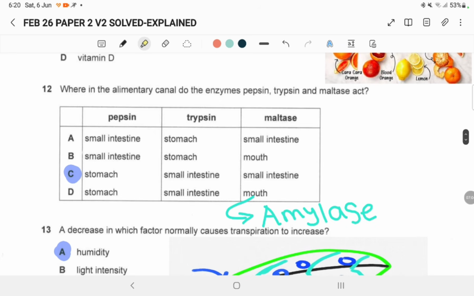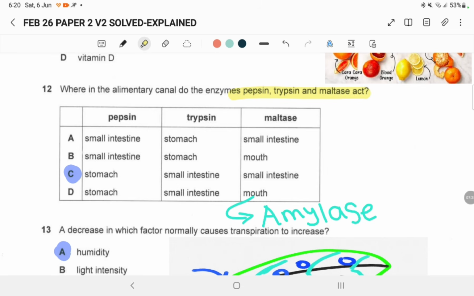Question 12. He told you where in the alimentary canal do the enzymes pepsin, trypsin, and maltase act. Well, pepsin will be in the stomach at pH 2, trypsin will be in the duodenum of the small intestine at pH 8, and maltase will be in the small intestine too, actually working there. Why is the answer not mouth? Because basically in the mouth, you need amylase, not maltase.